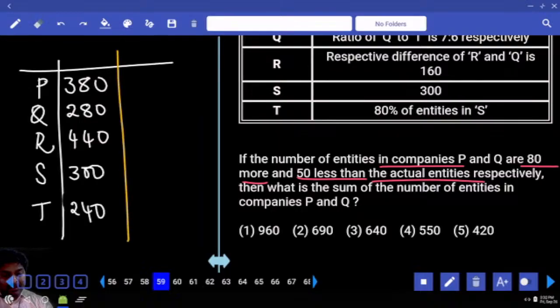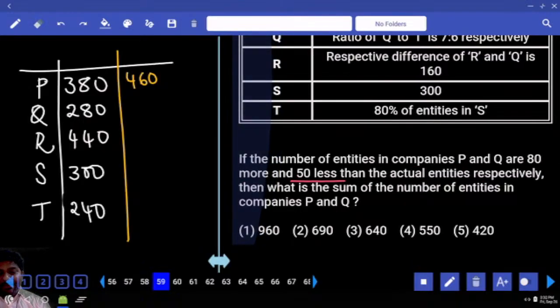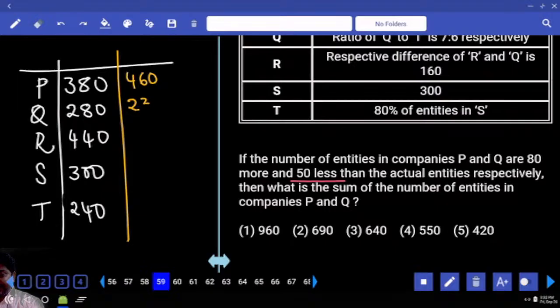In P it should be 80 more, that will be equal to 460. And in Q it will be 50 less, which will be 230. Now the question is about the sum of both, which is equal to 690. Second option is the answer.